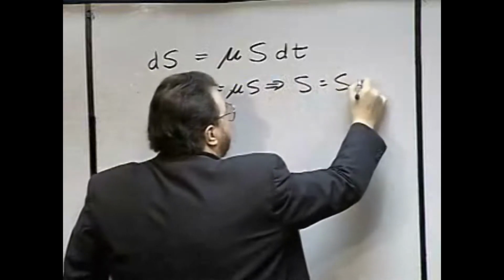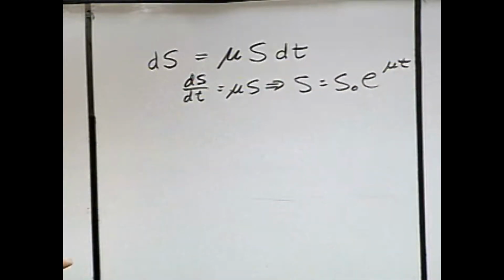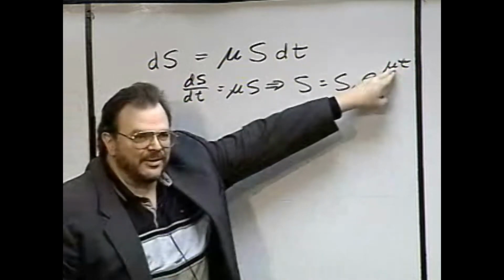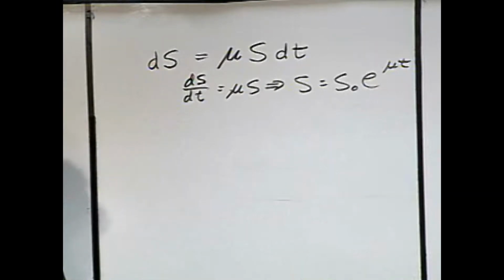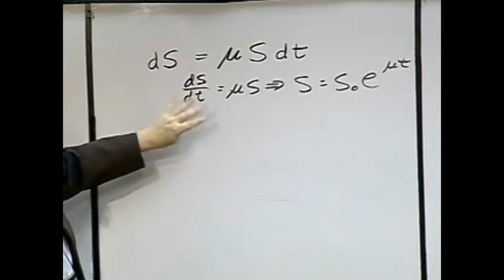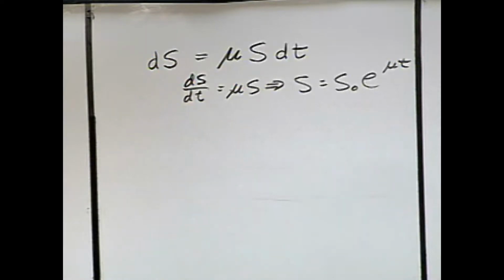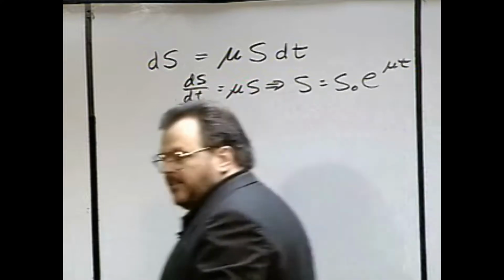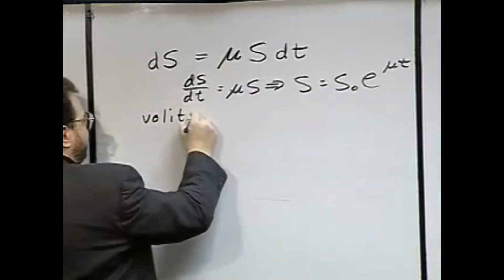S is equal to S naught times e to the mu t, which is the exponential growth in your savings account, especially if mu is a really, really big number, right? So it is one of those situations. Now, this is totally with the lack of any sort of uncertainty in the model. Now, with uncertainty in the model, such as stocks and bonds, there is something which they call a volatility.